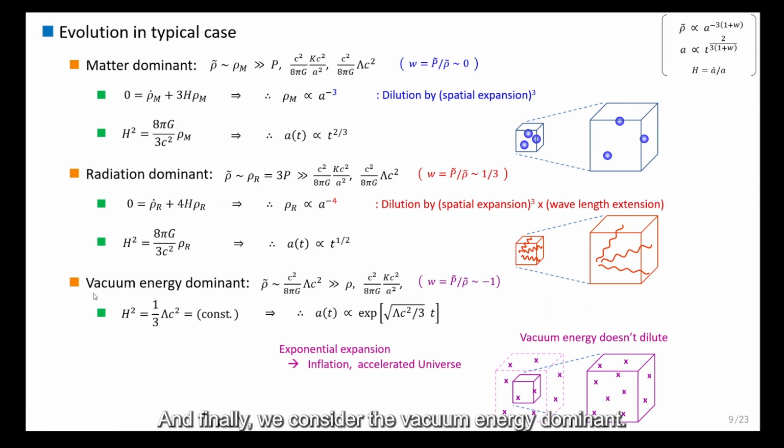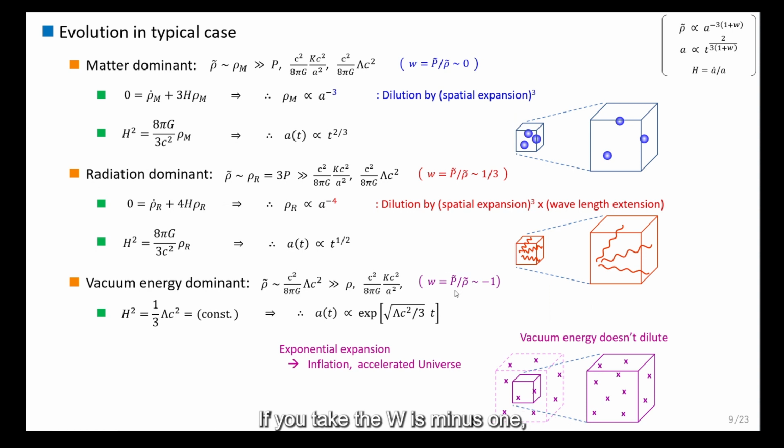And finally, we consider the vacuum energy dominant case. In this case, the energy density is almost given by the cosmological constant. Then W is almost given by -1. Then finally you can get the time dependence.